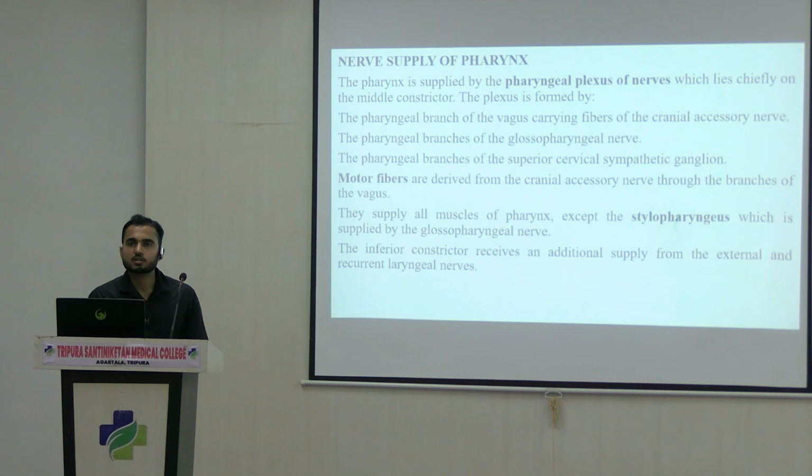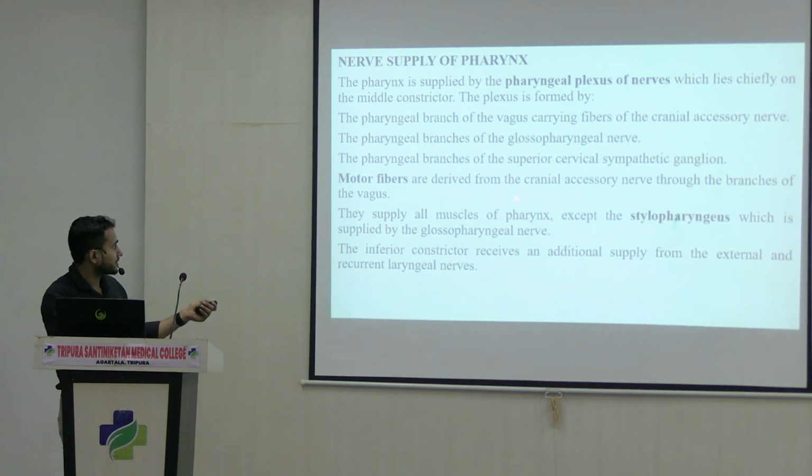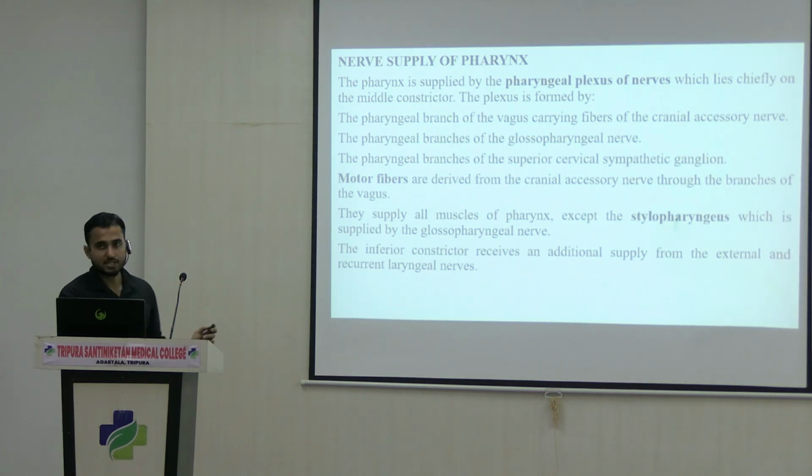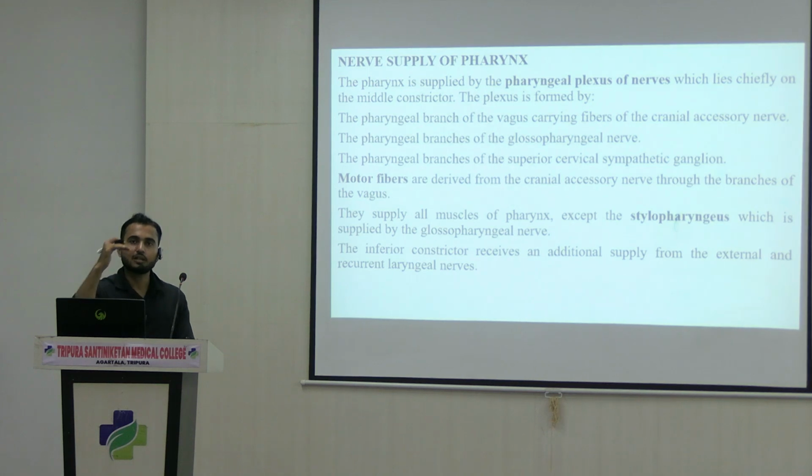So what about the muscles? All the muscles of the pharynx are supplied by cranial accessory through the branches of vagus. Okay, cranial root of accessory through the branches of vagus, all the muscles except stylopharyngeus. Okay, that is supplied by the glossopharyngeal nerve. So see, from the tongue itself, I am repeating this line.